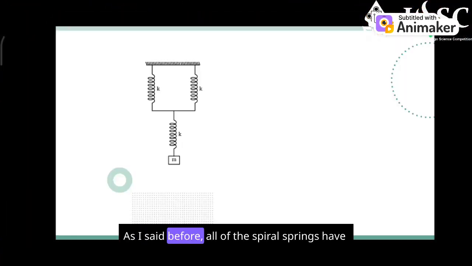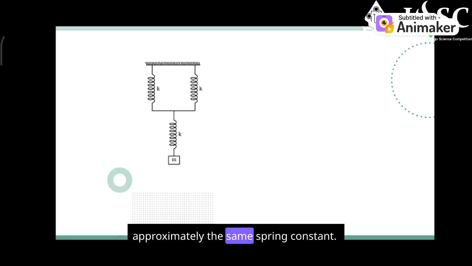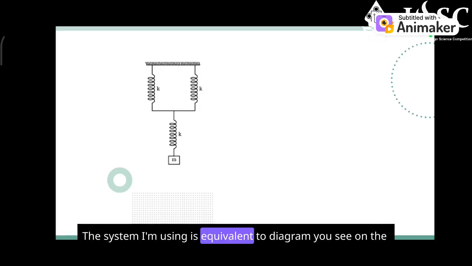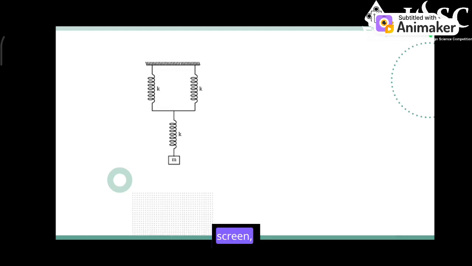As I said before, all of the spiral springs have approximately the same spring constant. The system I'm using is equivalent to the diagram you see on the screen.